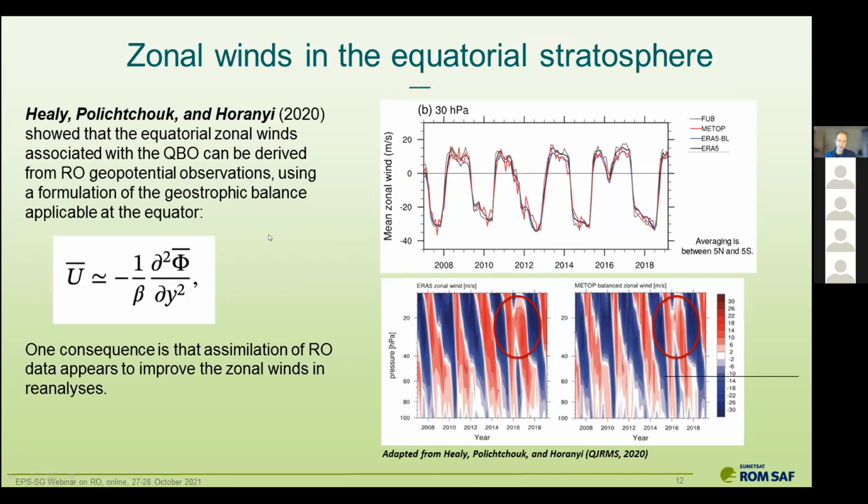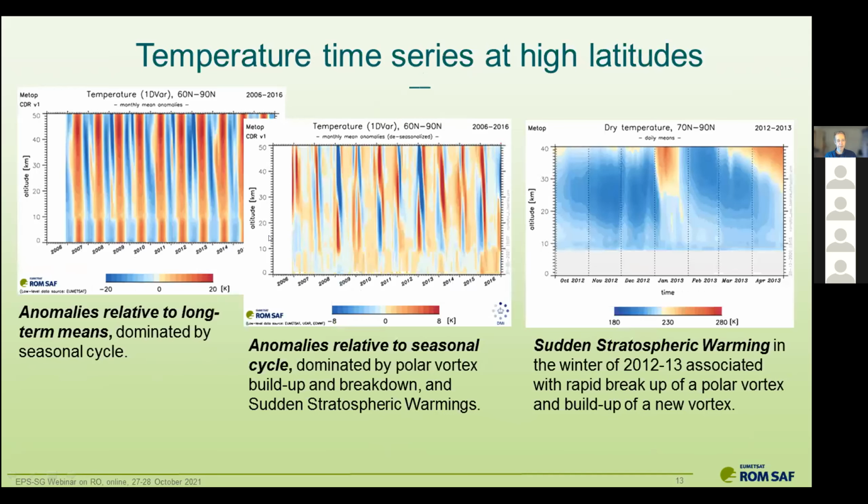It has been known before that by using the geostrophic balance outside of the equator, we can compute winds from the geopotential fields, but they show that we can actually do this also at the equator. So the QBO wind variations are actually encoded into the geopotential fields that we observe.